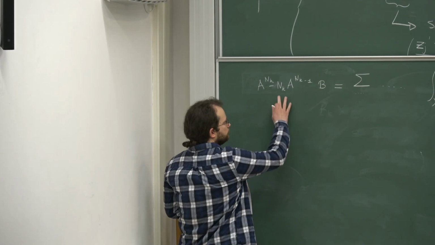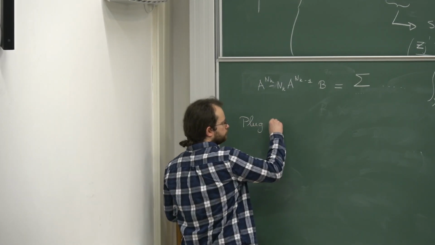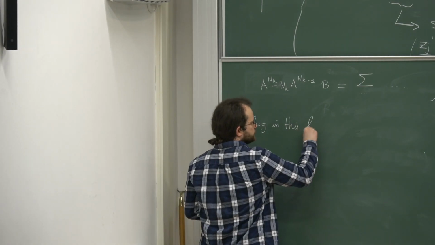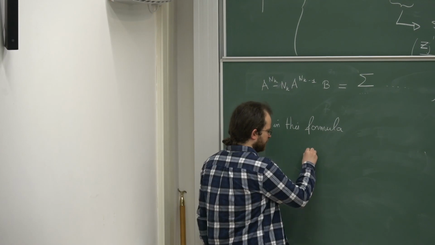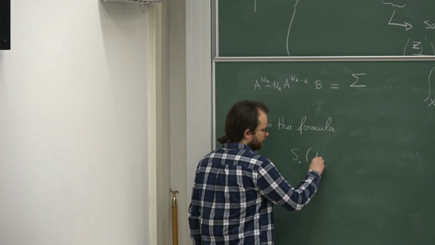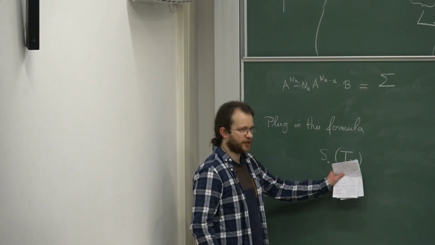All right, so if you want to compute this number, you want to apply it to a hypersurface. So you have to plug inside that formula the formula for the Segre class of the tangent bundle of a hypersurface.